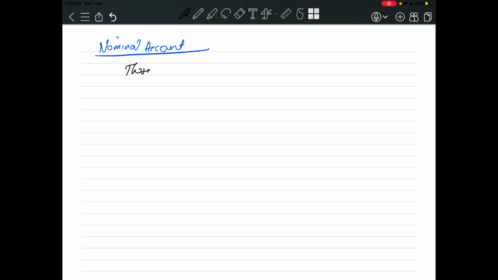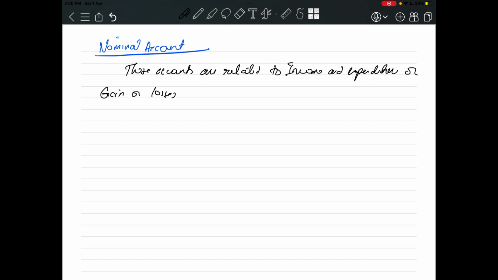These accounts are related to income and expenditure, or gain or losses. Okay, these accounts are related to income and expenditure or gain or losses.